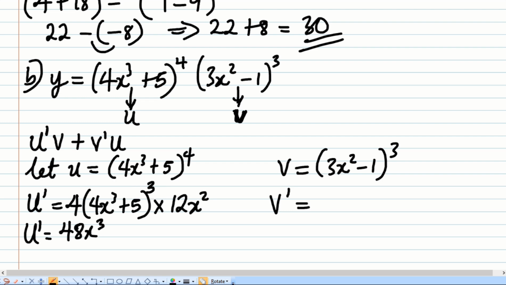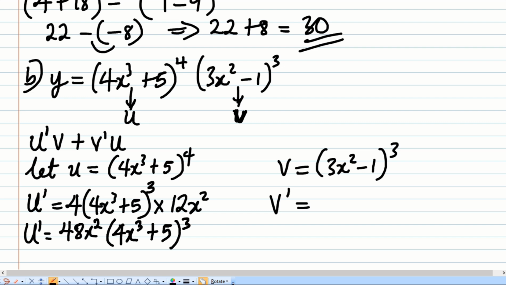Now I'm making silly mistakes again: this is supposed to be 2, because this is 2. I'm doing this 4 multiplied by this 12s squared, and I just want to put them on one side. So that would be 4 times 12 is 48, and then your s squared, then you have your (4s cubed plus 5) raised to power 3.